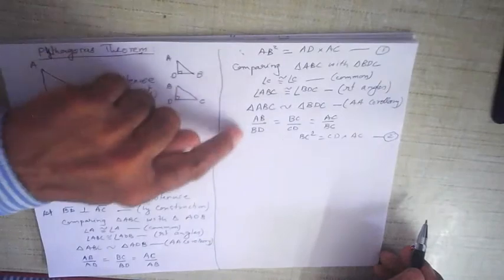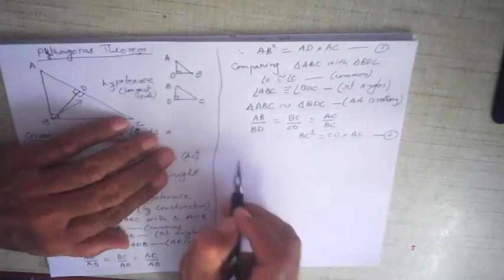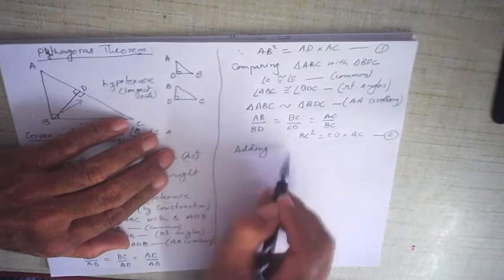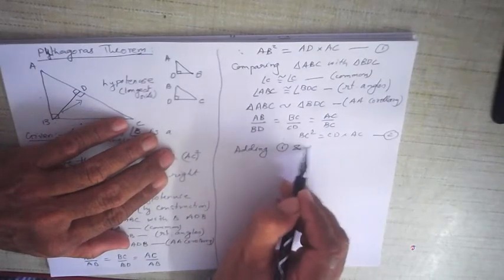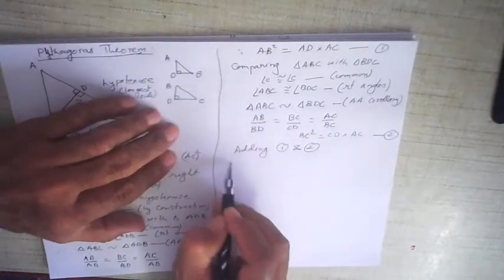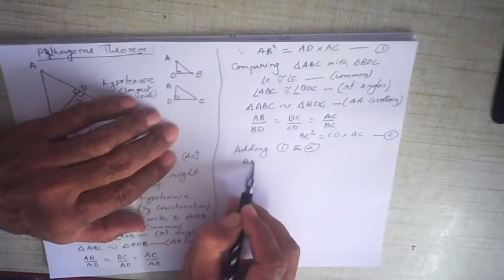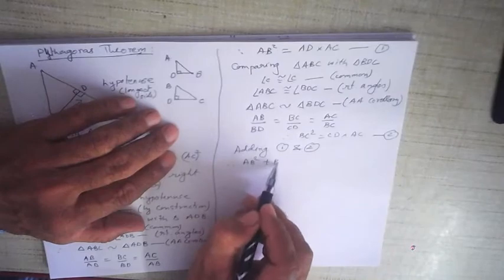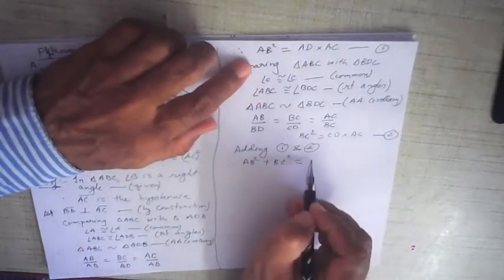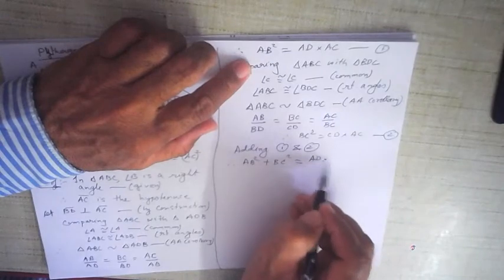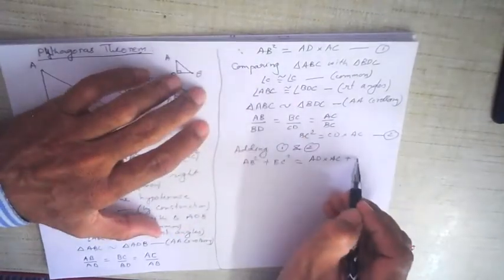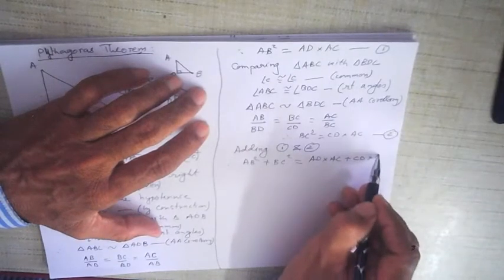Now if I add results number 1 and 2, one result is AB square, the other BC square. So I get AB square plus BC square is equal to AD into AC plus CD into AC.